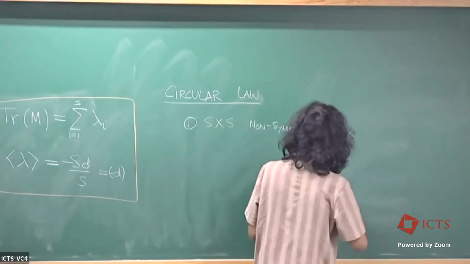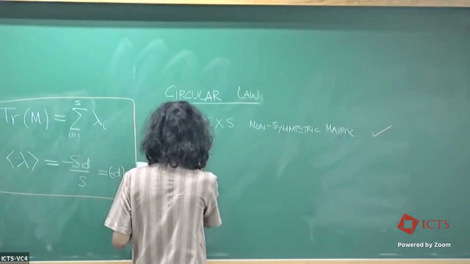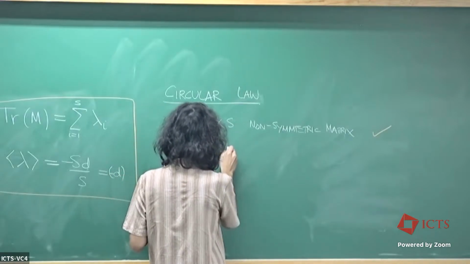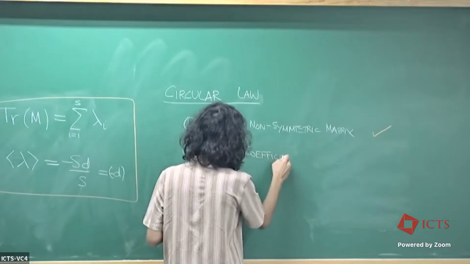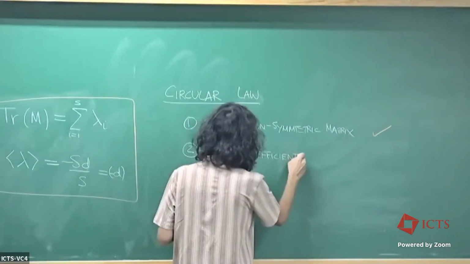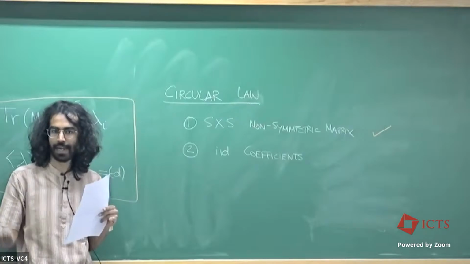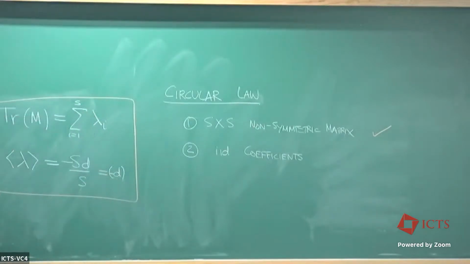Okay, satisfy that. Second thing that we need are IID coefficients. Do people know what IID is? They're independent and identically distributed. We have that.